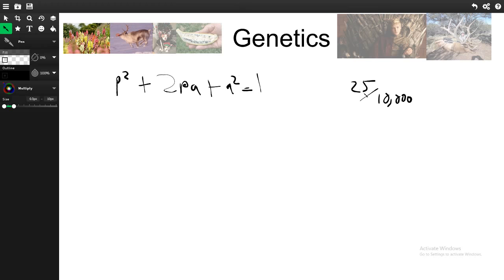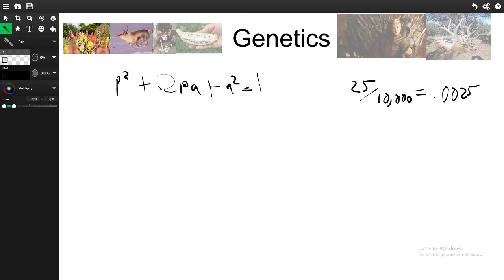We know that 25 have the red nose, and this is a recessive condition, so that means that the 25 are homozygous for the recessive allele. So how do we use this equation and this information to find heterozygote frequency? Well, the 25 out of 10,000, I've already put into fraction form. That gives us a genotype frequency for the recessive allele of 0.0025.